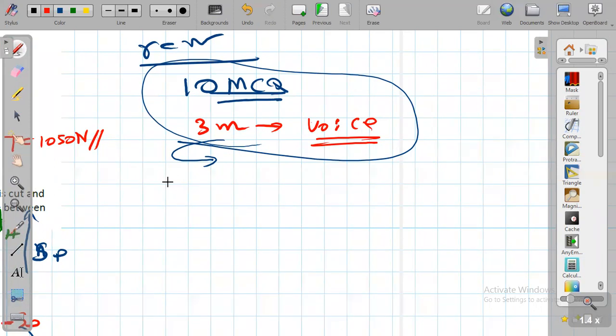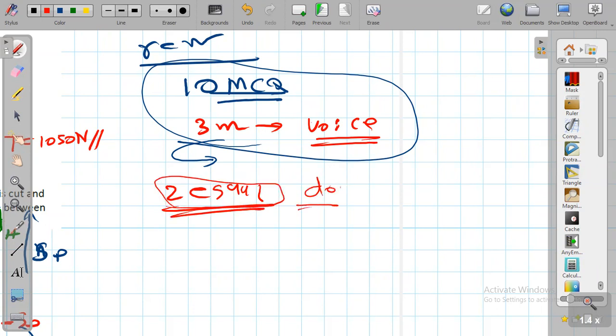And the other is at least 2 essay questions from this. This is something you have to do in addition to the midweek worksheet.